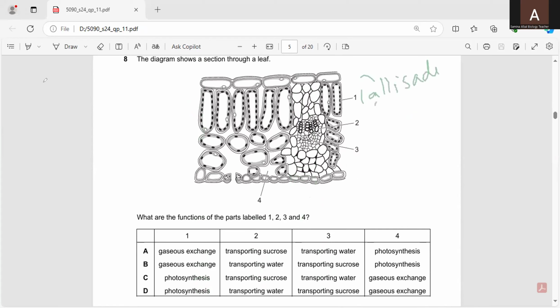The second part is xylem. The third is phloem. And the fourth is intercellular spaces.